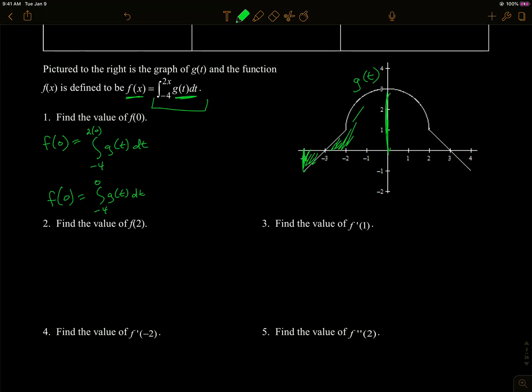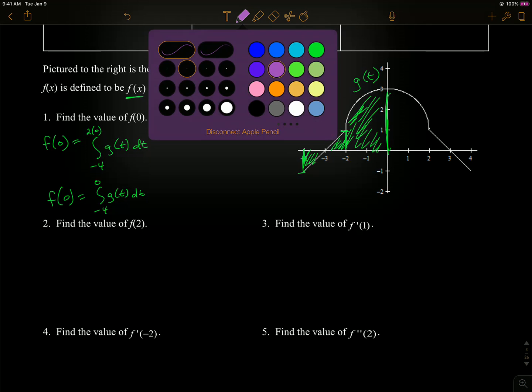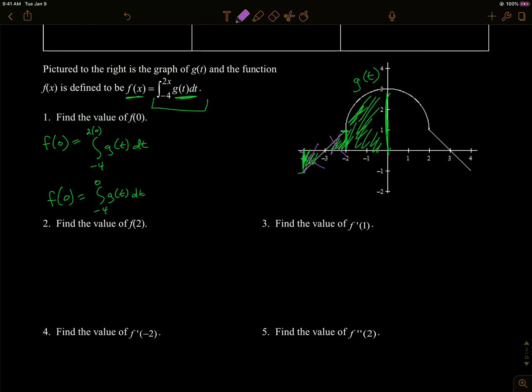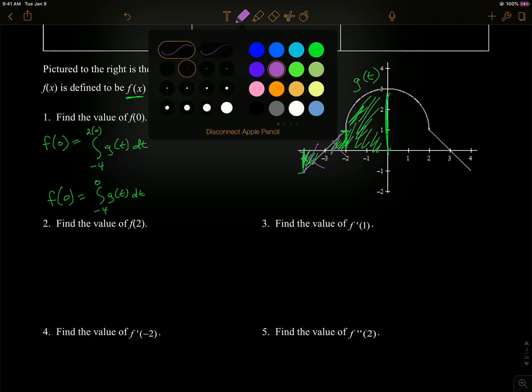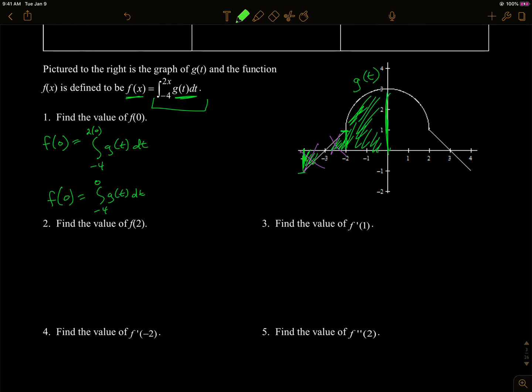So it's all this area here. Now I can see that the height here is 1 and the height here is -1. So this area here is going to cancel out, the positive and the negative. So we just need to find this area over here. I'm going to do a 2 by 1 rectangle, so that's 2, plus the area of this quarter circle, because it's got a radius of 2 in both directions.